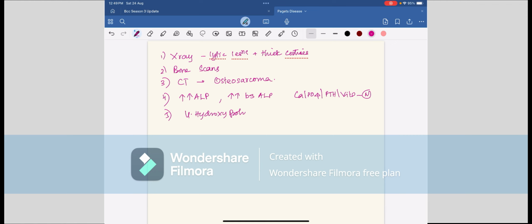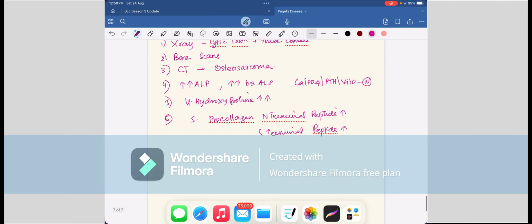Urine hydroxyproline levels will be increased. Another marker is the serum procollagen N-terminal peptide. Peptide levels will be elevated, and the C-terminal peptide levels will be elevated as well.